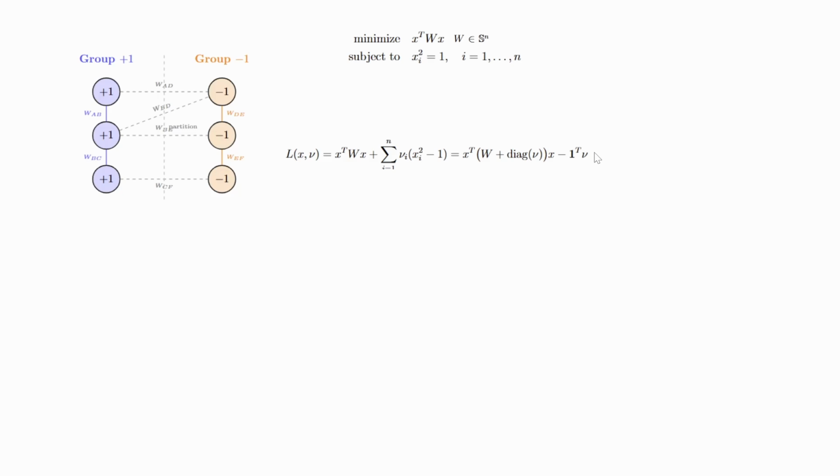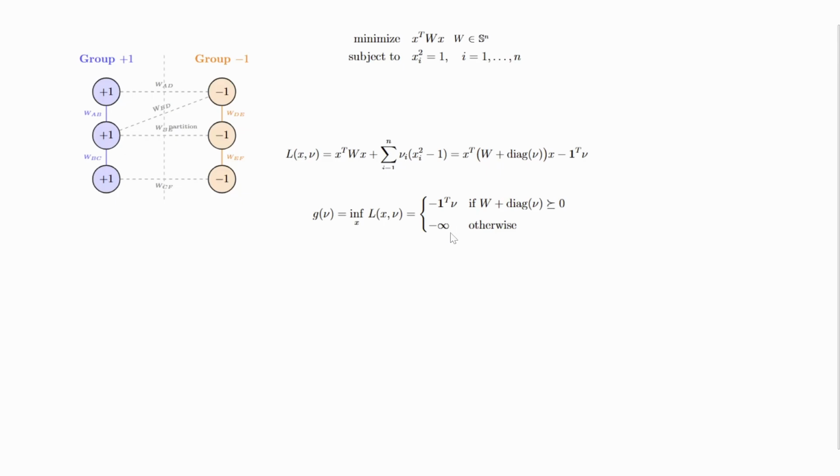The infimum over x depends on whether the matrix W plus diagonal v is positive semi-definite. In other words, g of v, of course, is the infimum of the Lagrangian function, is the negative of the sum of the entries of v, as long as W plus diagonal of v is positive semi-definite.